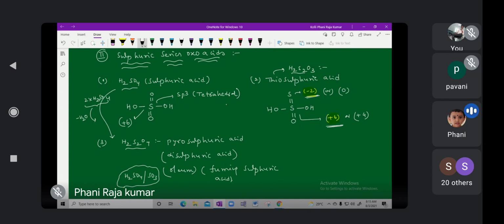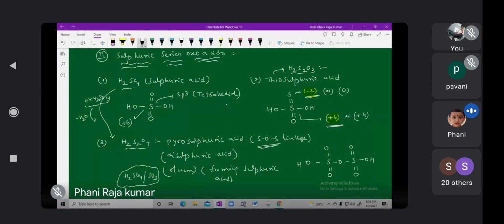This pyrosulfuric acid contains SOS linkage, sulfur oxygen sulfur linkage. H2S2O7. Dibasic acids, all oxoacids of sulfur are dibasic acids.